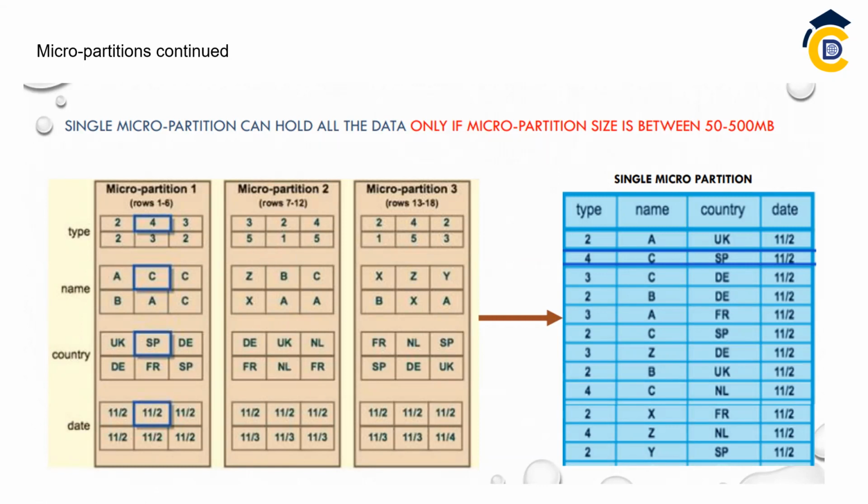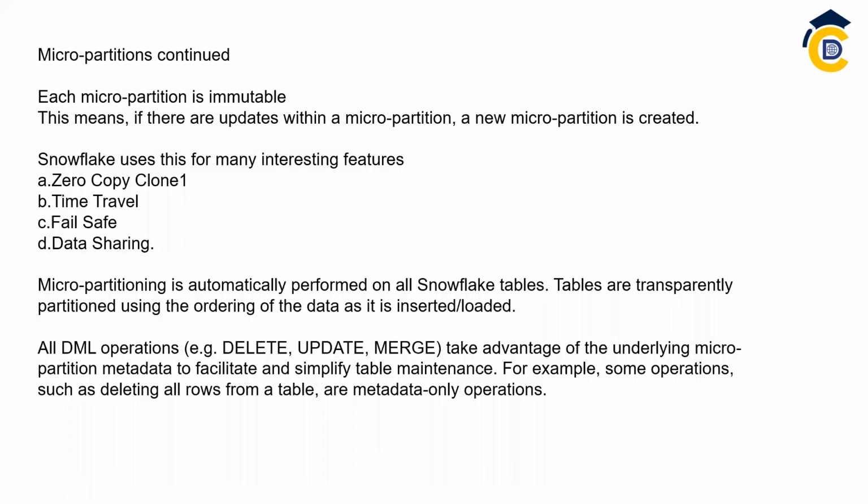Isn't that a faster process? If this partition has hundreds of thousands of rows, it doesn't have to free up the memory for all of them. It simply says this partition is no more available, so when you query, just kick this partition out.